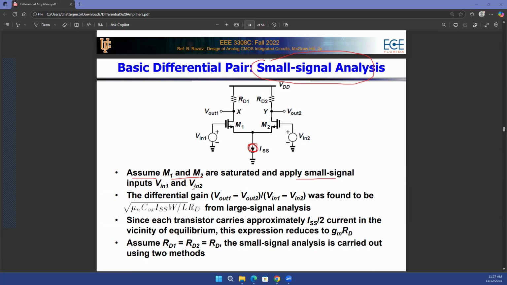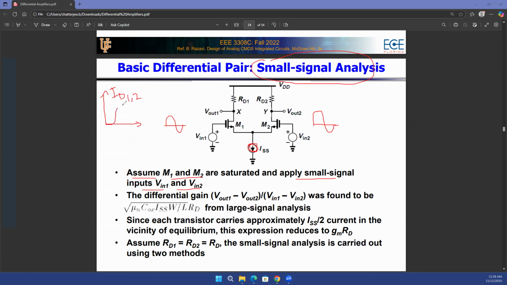And then we apply these small signal inputs V1 and V2 on top of the common mode DC that we had. So you had some common mode DC, which has to be non-zero, as we had seen earlier, a few slides back. If I draw that curve once again, what we are drawing is the ID current, ID1 or ID2.